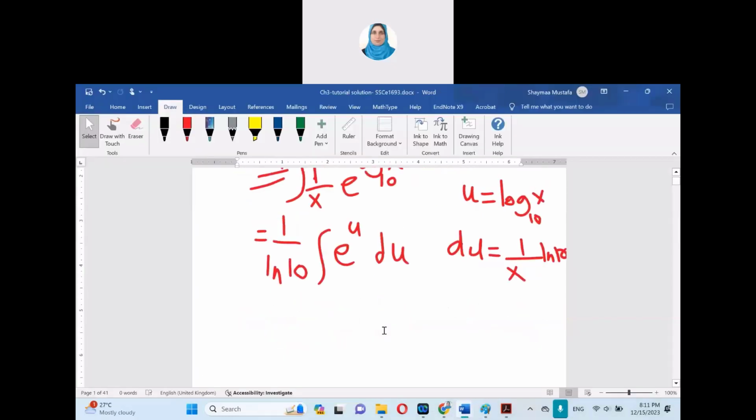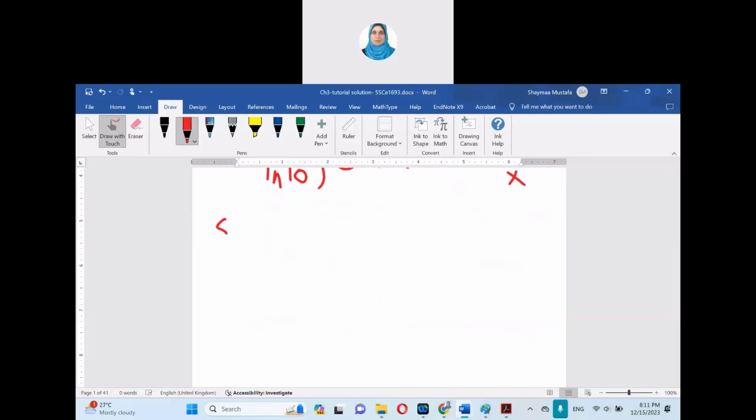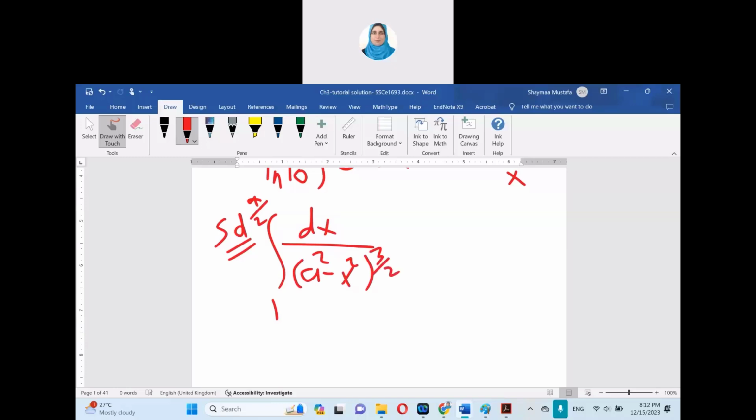So go back here again, question 5D. You need to integrate from 1 until a over 2, dx over (a square minus x squared) to the power 3 over 2.